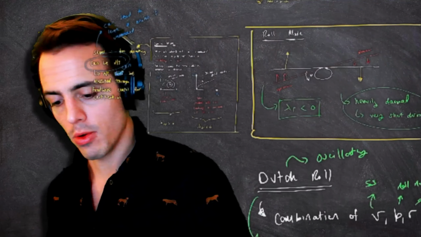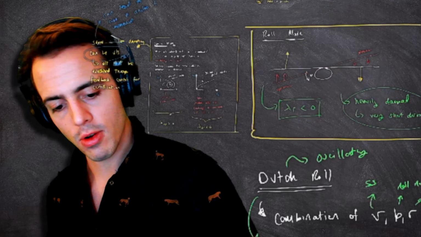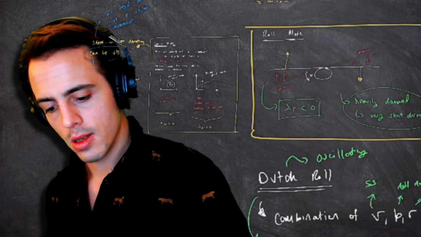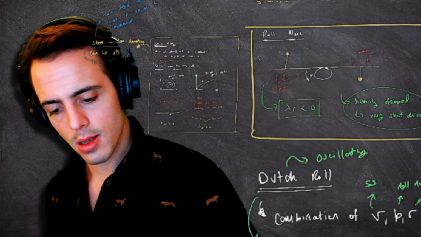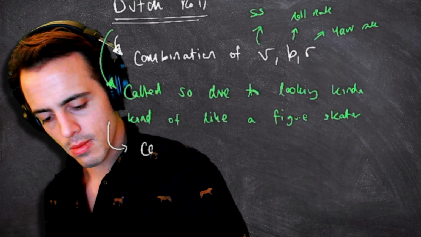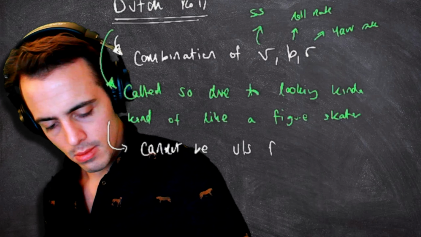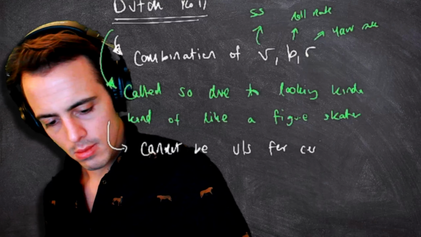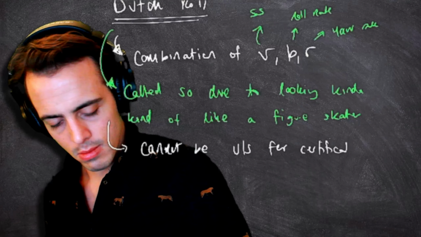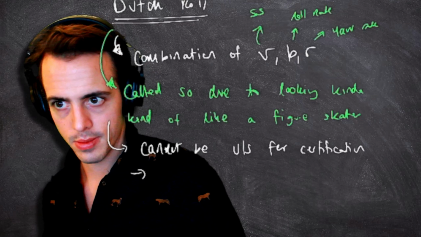And let's remove this line up here about can be, no, let's just cross this out. Let's say this one cannot be unstable for certification purposes. And can be controlled through modification of a yaw damper.